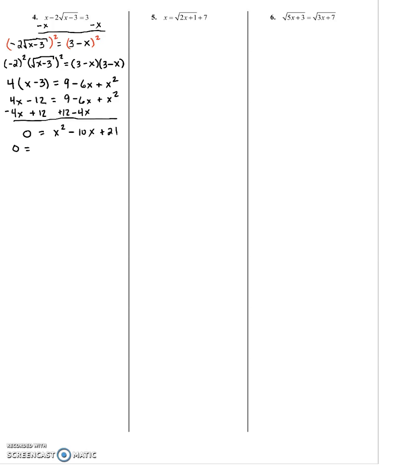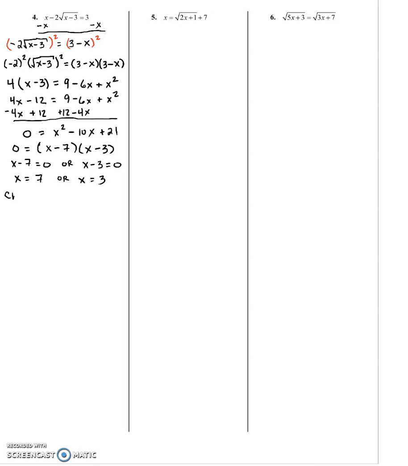And when we factor that, it factors as x minus 7 times x minus 3. So either x minus 7 equals 0 or x minus 3 equals 0, which means either x equals 7 or x equals 3.